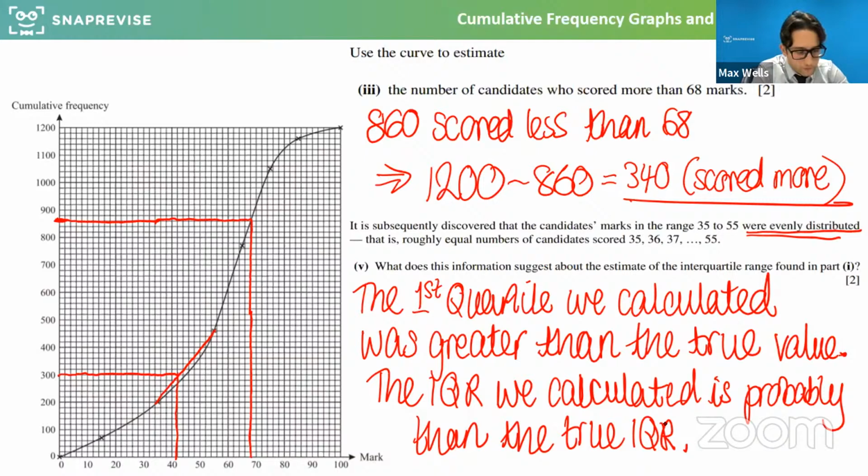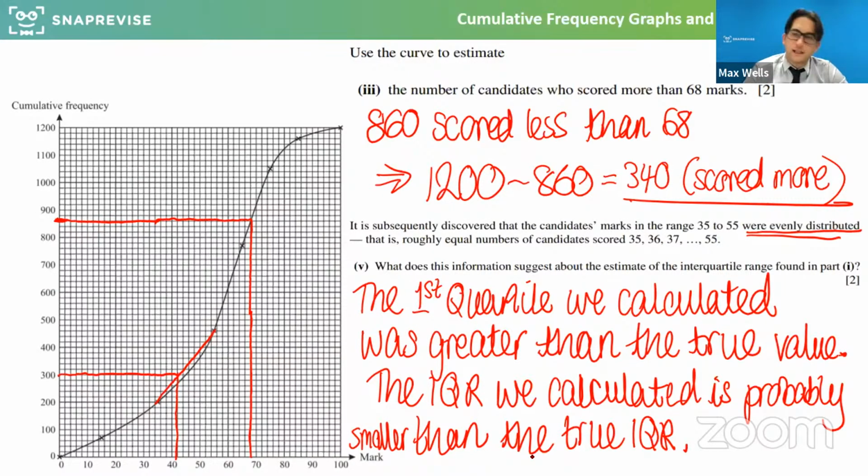So earlier, when we thought that those values were following this curve shape, we discovered that the first quartile was coming out about 45. Now, when we look at this more carefully, this looks like 41 or 42, which is less. So that means that if we were to recalculate the interquartile range, it would be bigger. So this one is probably, sorry, I missed out the key word there, it's probably smaller than the true interquartile range.